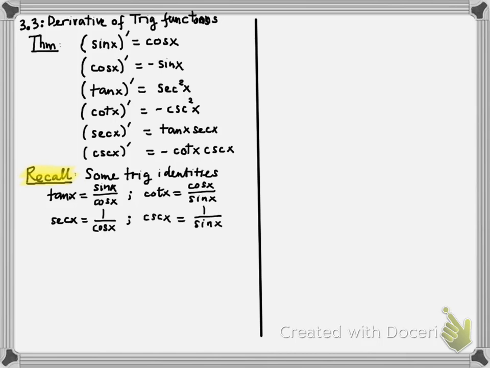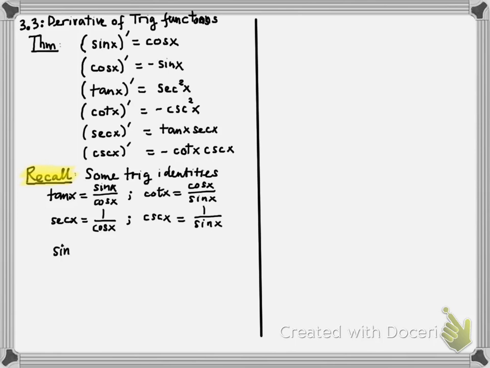Tangent of x equals sine of x over cosine of x. Cotangent of x equals cosine of x over sine of x. Then secant of x equals 1 over cosine, and cosecant equals 1 over sine. So these 4 formulas are those that relate trig functions with each other.